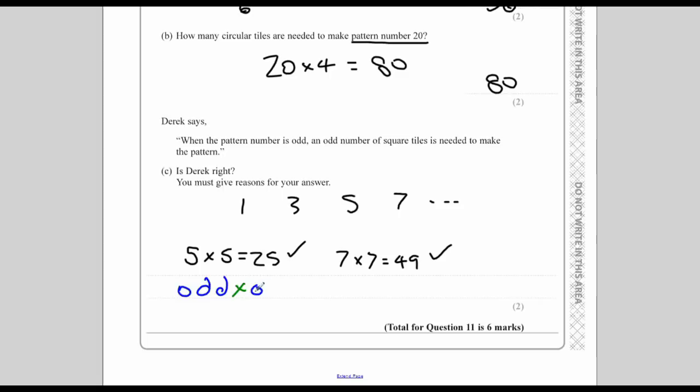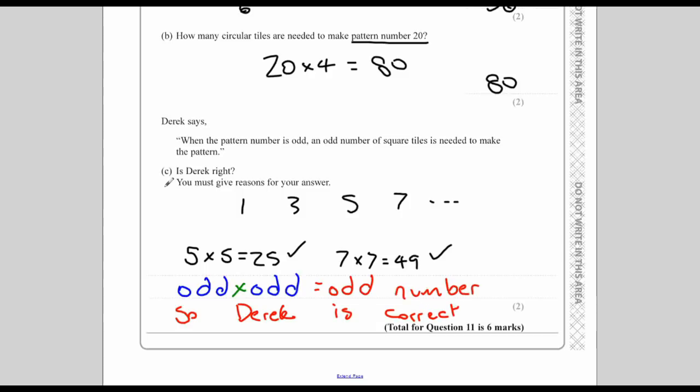Now, any even number times an odd or an even will always give you an even, and the only time that you get an odd in multiplication is going to be an odd times an odd. Okay, so an odd number times an odd number equals an odd number. So Derek is right, or is correct. There you go. Moving on.